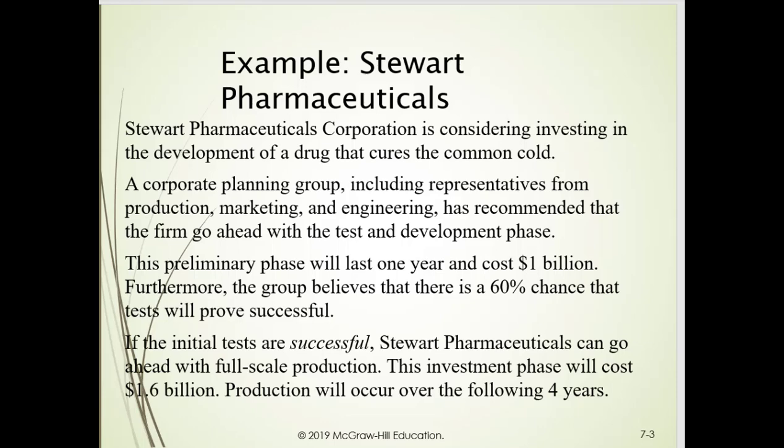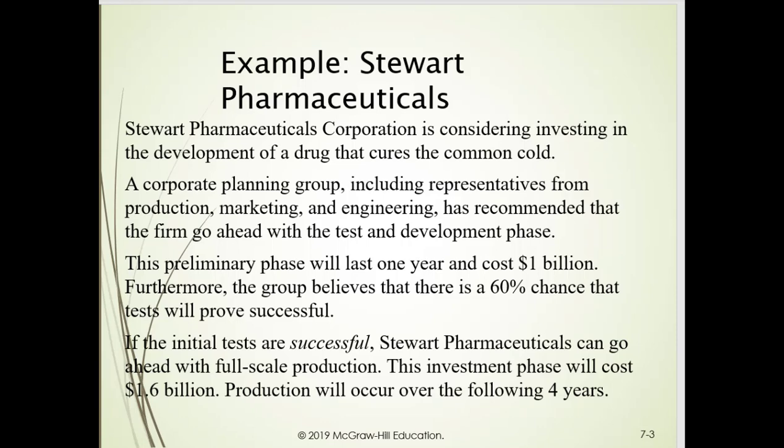So here we have this company, they want to invest in a developmental drug that cures the common cold. So we've gotten together with a group. We've looked at all the different phases and components of operations, of marketing, etc. And we've decided that we're going to go ahead and test this drug.